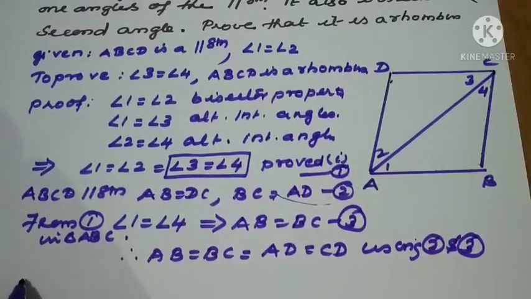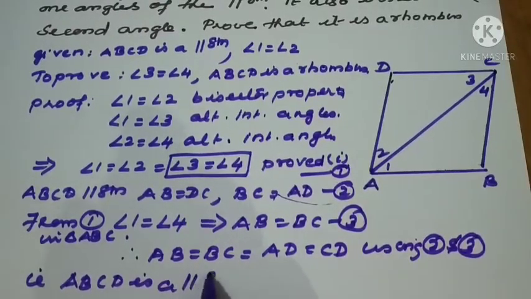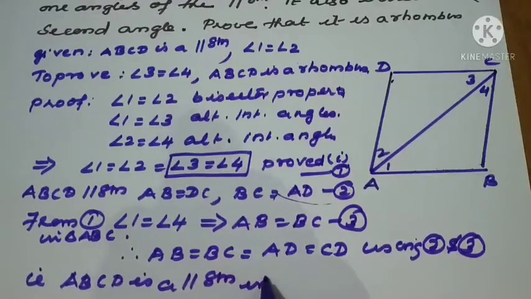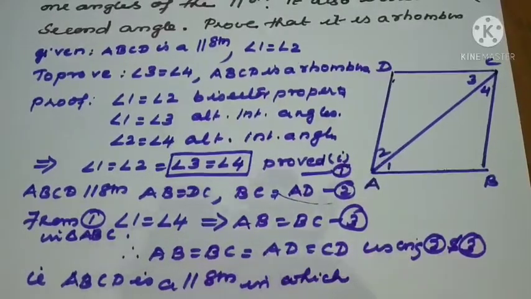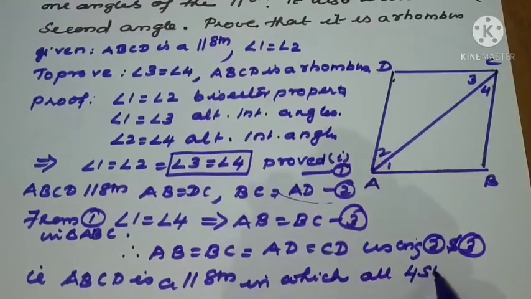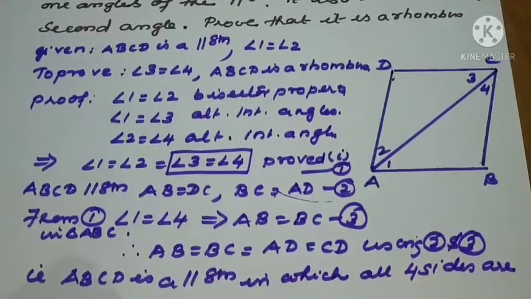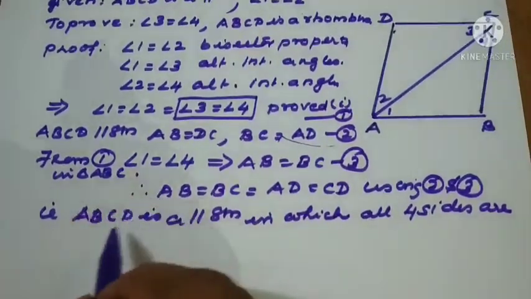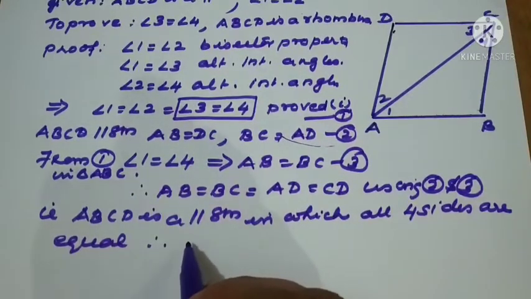That means ABCD is a parallelogram in which, what about sides? All the 4 sides are equal. Therefore, it is a rhombus.